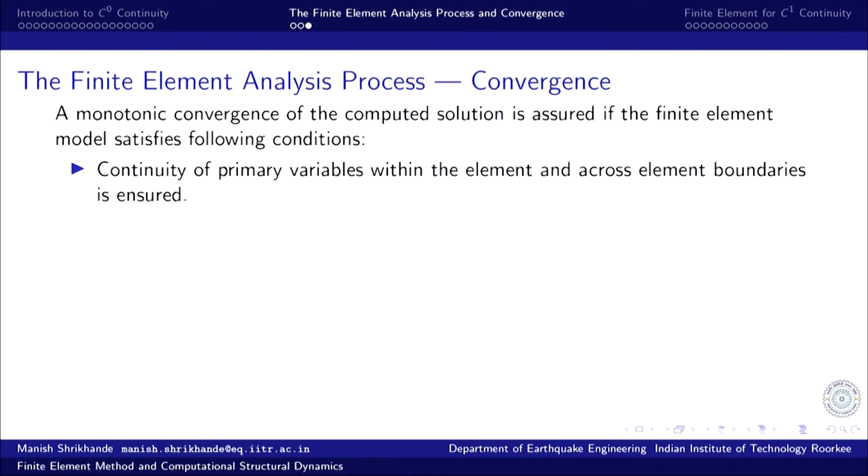So, obviously within the element, the variable that we are approximating has to be continuous, that is automatically achieved by using interpolation model. And because we are using interpolation model and different elements connect with each other through shared nodes, and the primary variables at those nodes are also shared, the continuity of the primary variable is also ensured across element boundaries.